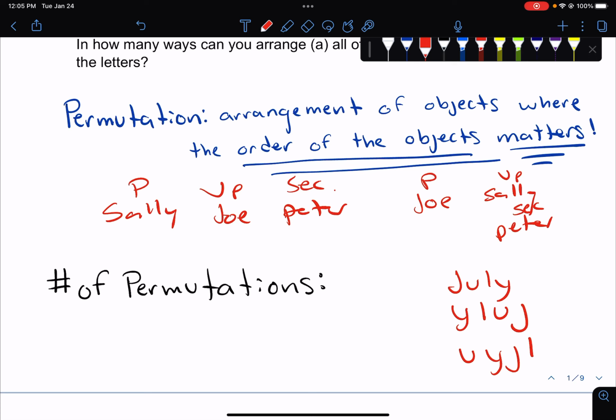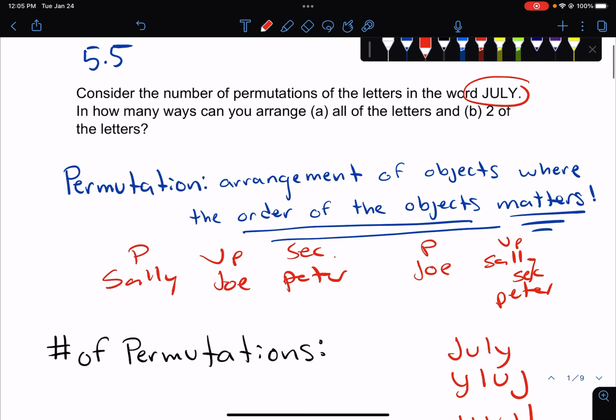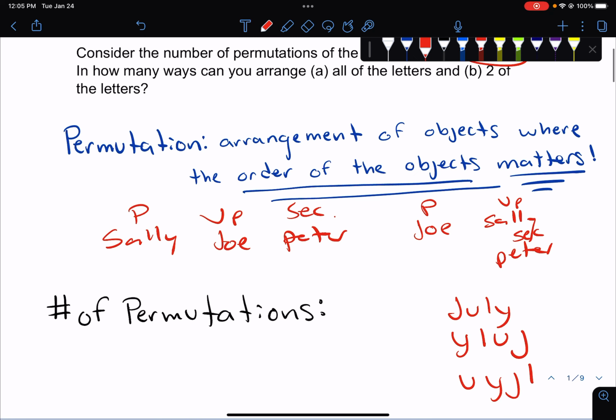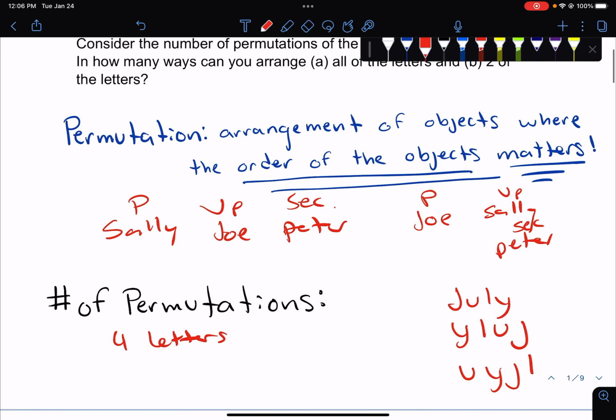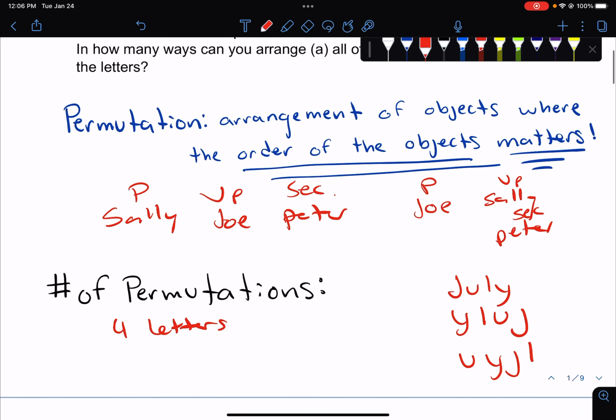The nice thing about permutations is it's really easy to do. First, what I'm going to do is look at how many things I'm picking. So in the word July, there's 4 letters. So to figure out the number of permutations, I take 4 for the first letter. That's how many choices I can pick for the first letter, right? The second letter, I've already picked one of them, so there's only 3 left to choose.